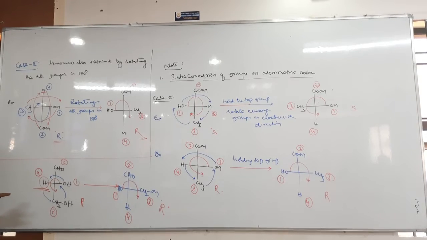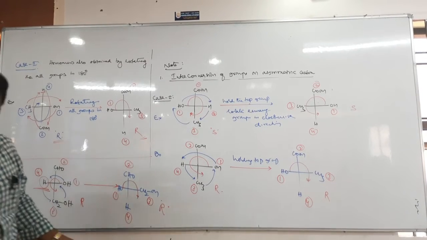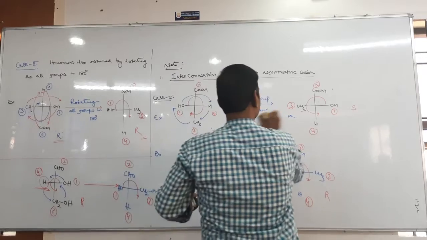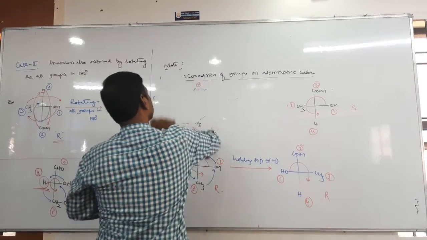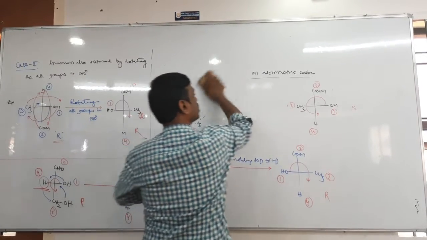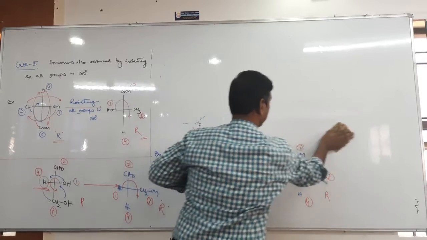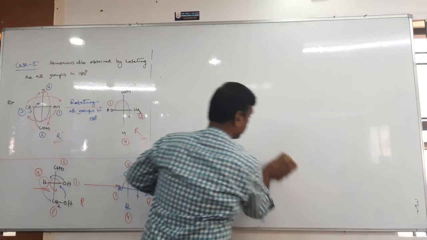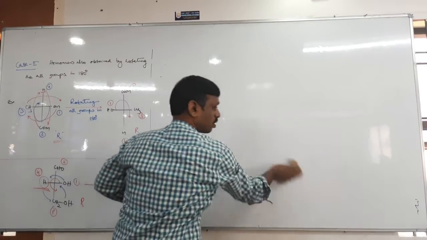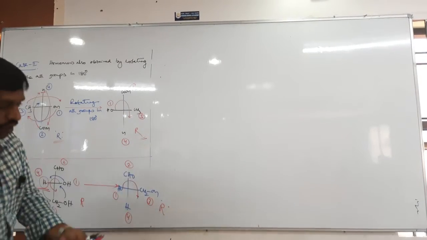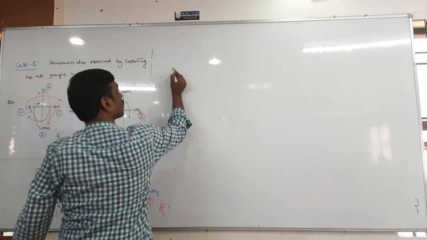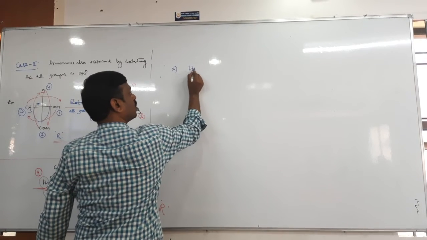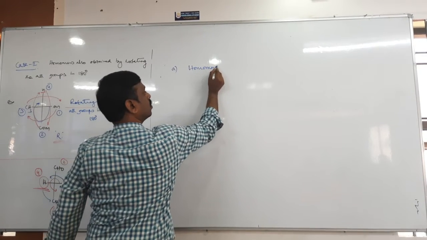Right? Understood? Next, as I told you, our questions are based on 3 important terms: homomers, enantiomers, diastereomers. Okay, so this is also to be written under the note only. Under note, 1 or A: homomers will have what?